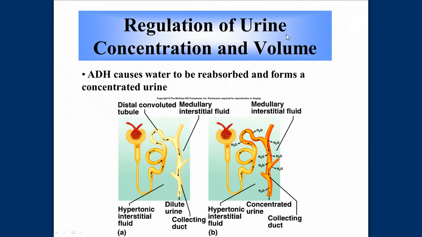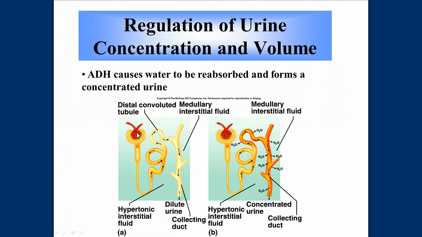The regulation of that urine concentration. Here we have ADH, which causes water to be reabsorbed and forms a concentrated urine. So the urine is either going to be diluted or concentrated. Alright, so we remember that we have glomerular filtration here.